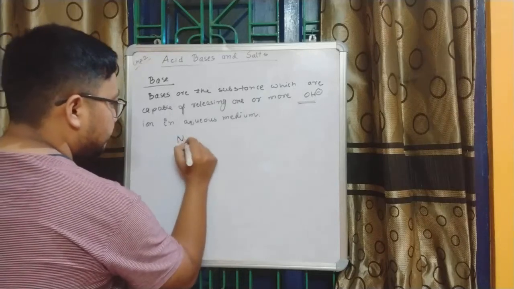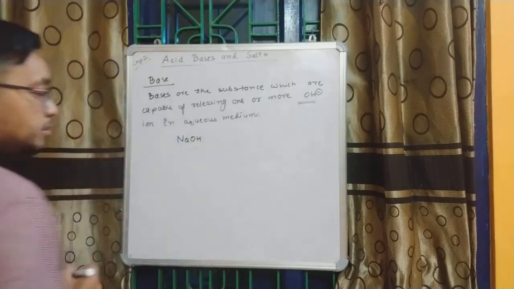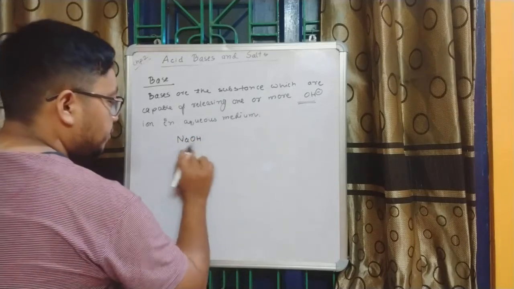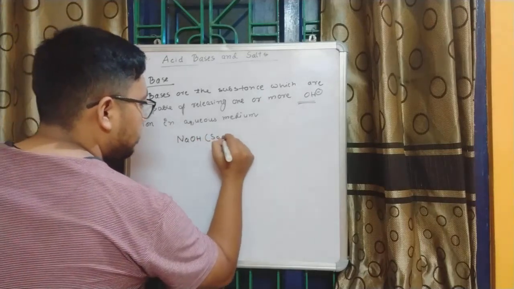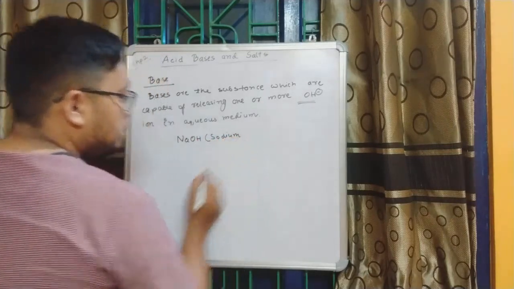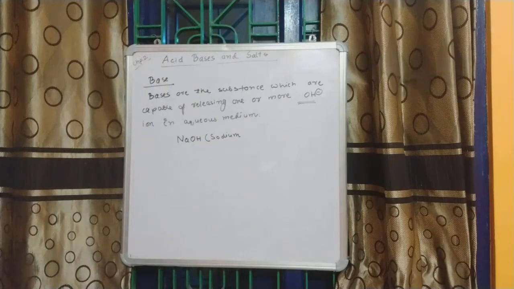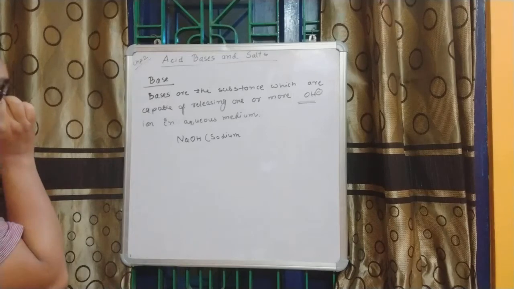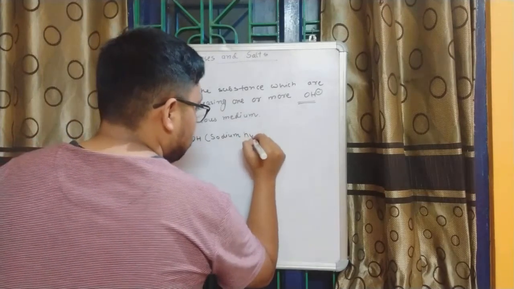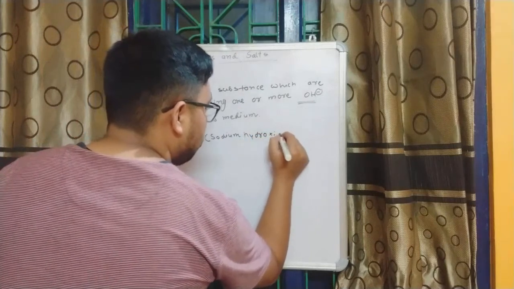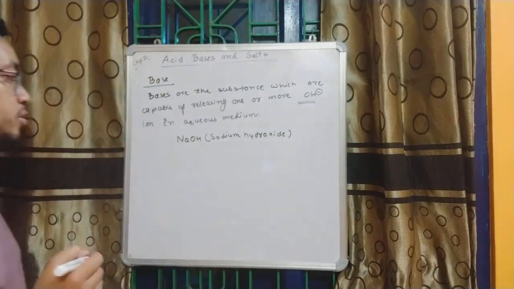Now let us write some examples of bases, like NaOH, sodium hydroxide. Along with the formula you also write the name, because you need to remember the compound by its name and the formula as well, because in the coming chapters you are going to need them. So write the name along with the formula and remember them.